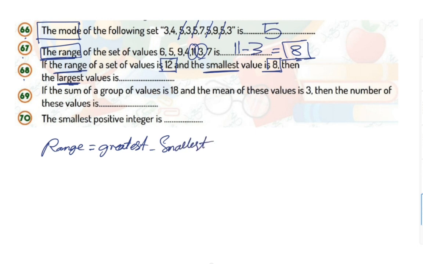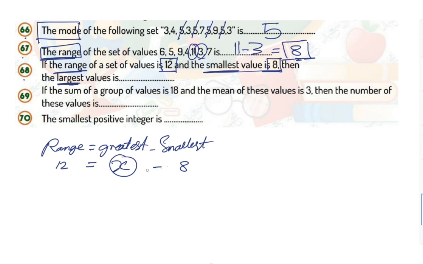So now substitute the range equals 12. The greatest or the largest, I don't know, as x, minus the smallest 8. Now I need to find the greatest value or the largest value, or x. That's the same.